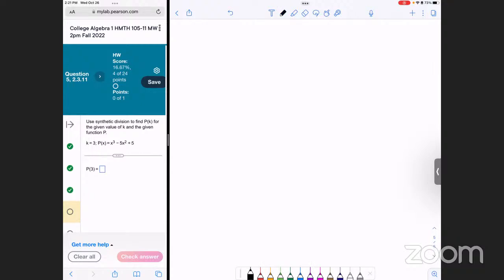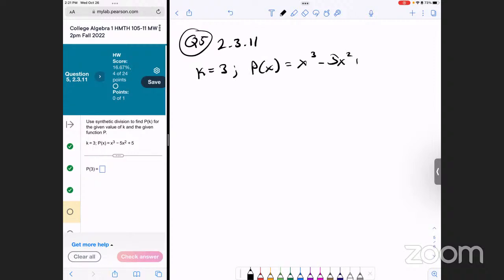So let's see. This is question number 5. This comes from section 2.3, number 11. I'm not going to write all of that, but we have our K equals 3, and we have P of X equals X cubed minus 5X squared plus 5. Okay. So we're basically doing synthetic division.